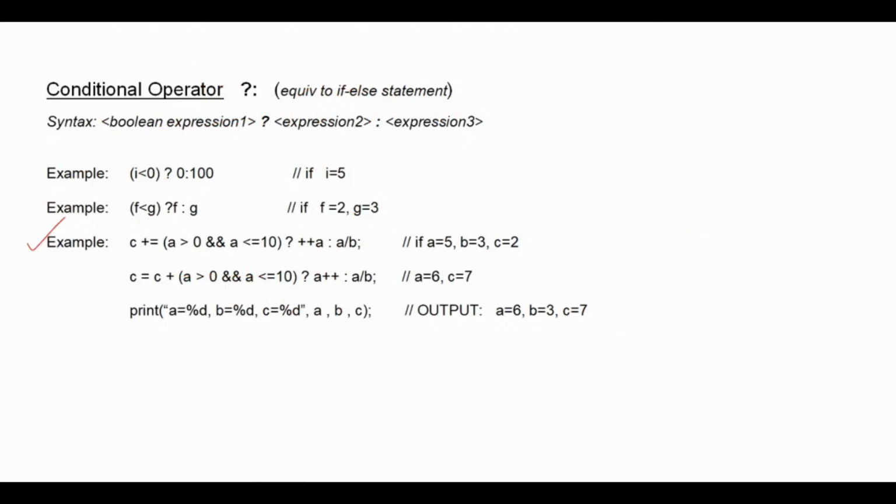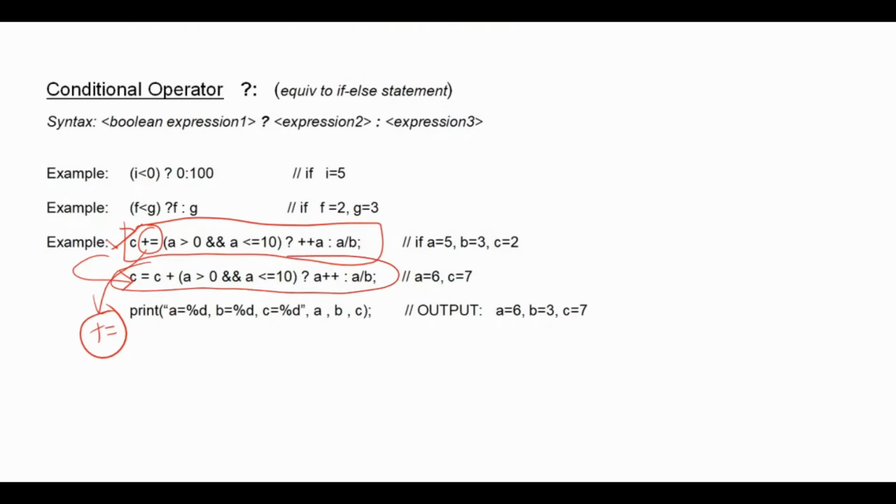For the third example, we have a shorthand assignment statement. From our previous lesson, this is equivalent to, okay, that's a compound operator. The plus equal is a compound operator, which when rewritten as a single assignment statement is equivalent to this.